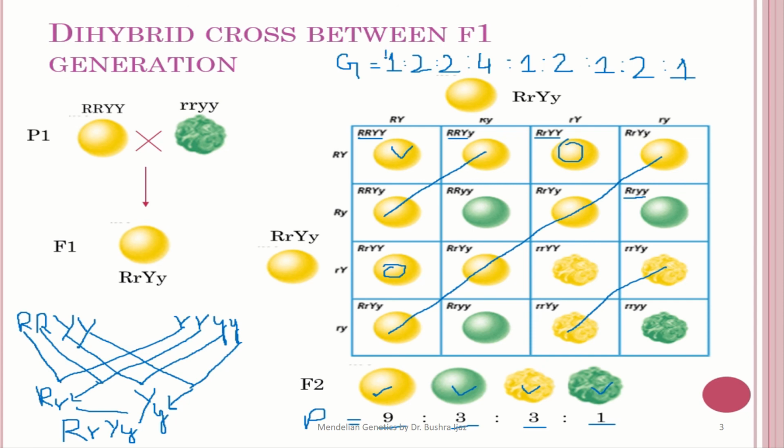So up to here belongs to these 9, this belongs to this one, and this genotype belongs to this phenotype. You can easily calculate it by cross-checking this genotype with the phenotype.